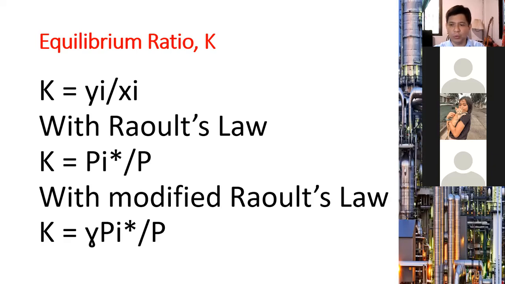So if we're going to apply Raoult's law, this would be equal to P sub i star divided by P. Remember, P sub i star is the vapor pressure of pure substance i at a specific temperature, while P is the total pressure. So, paano ba nangyari yon?